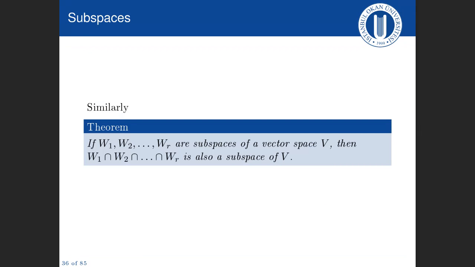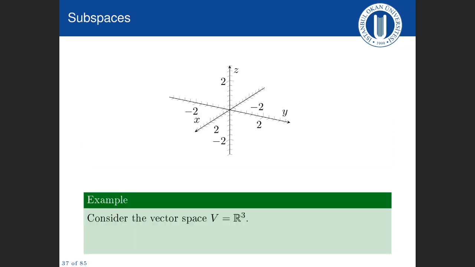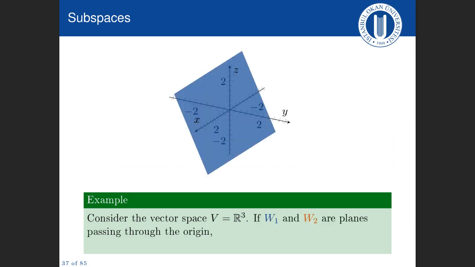Now, it doesn't have to just be two subspaces. We could have any finite number of subspaces of a vector space V, take the intersection, and we also have a subspace of V. So, for example, let's suppose we're considering the vector space R3 with the usual addition and scalar multiplication rules.